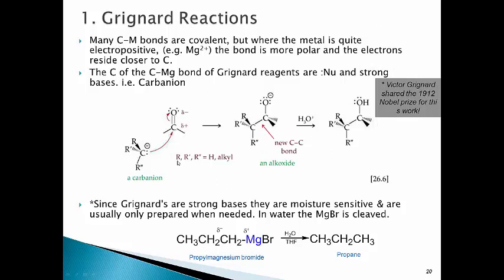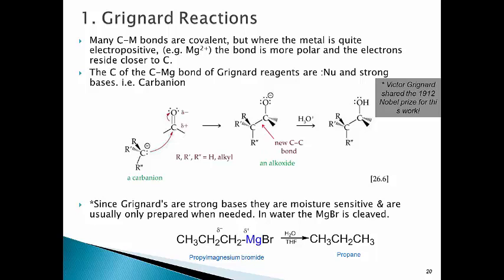Many carbon metal bonds are covalent, but when the metal is quite electropositive, such as the magnesium in the magnesium bromide that we've got here, it's delta positive, the bond is more polar and the electrons reside closer to the carbon.